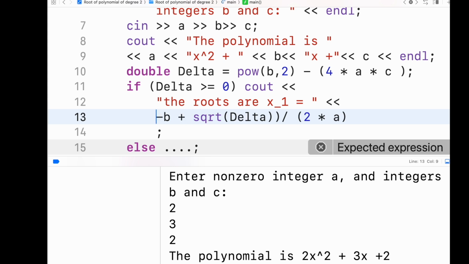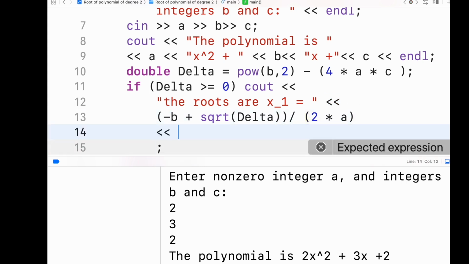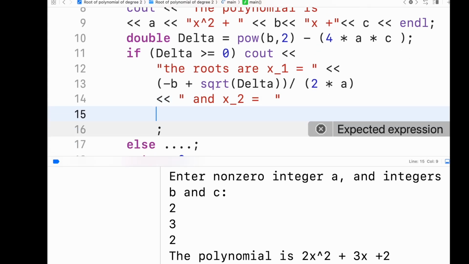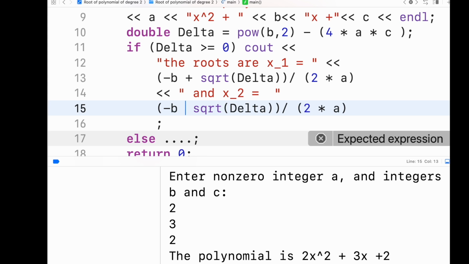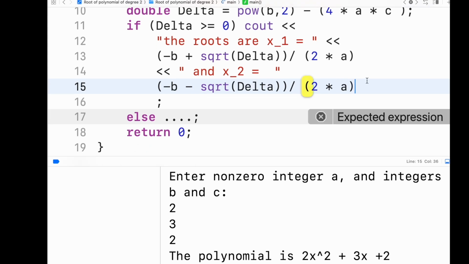If delta is bigger or equal to 0, and the second one is mainly the same, but we have minus b minus, so x2 is equal to, just copy and paste it, and here I write minus.